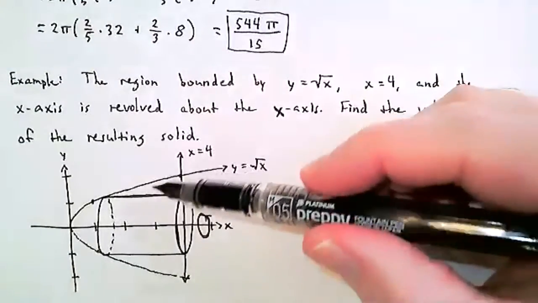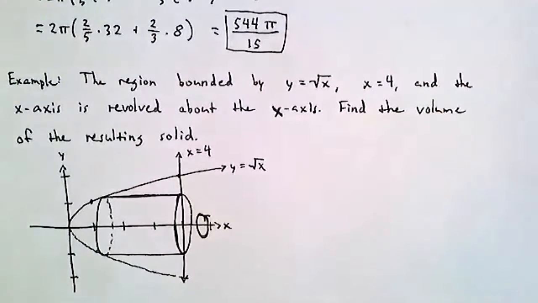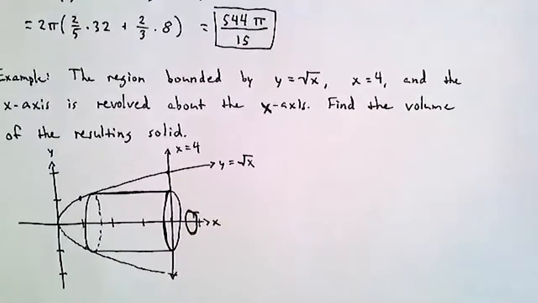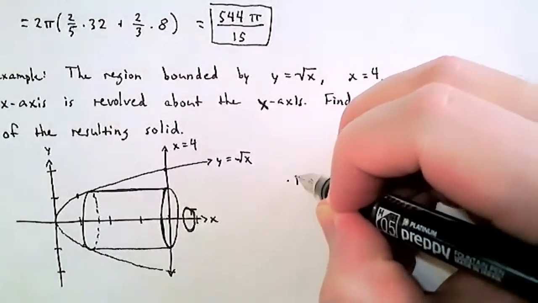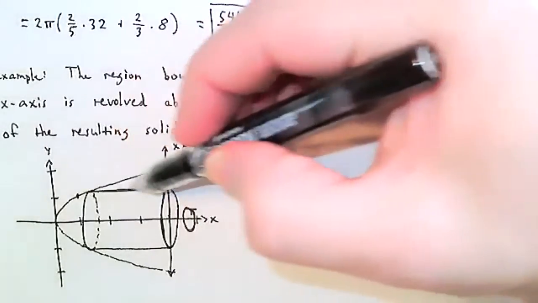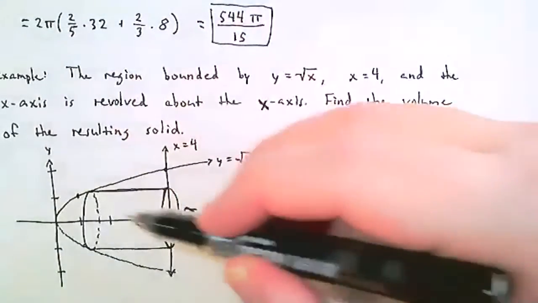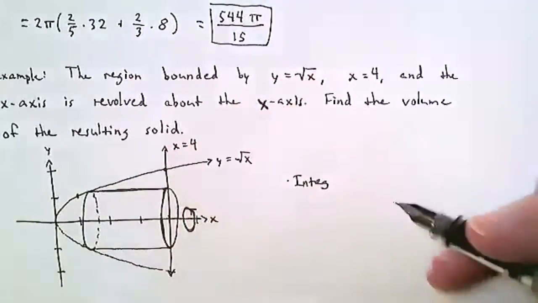Okay. So I want to make cylinders like this one, and then try to do the volume. But now we're going to integrate with respect to y. Because I'm slicing across this way, that means I'm adding up my slices vertically.